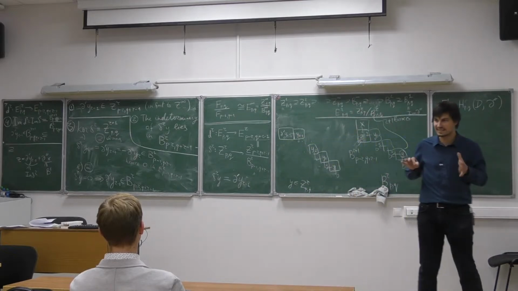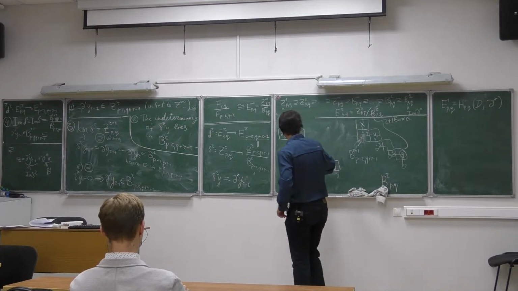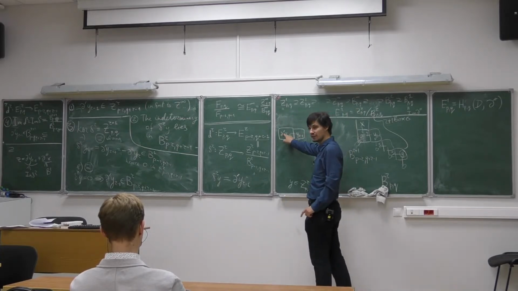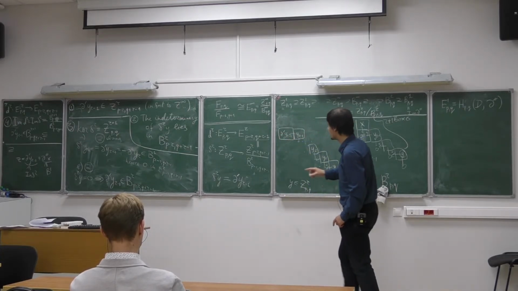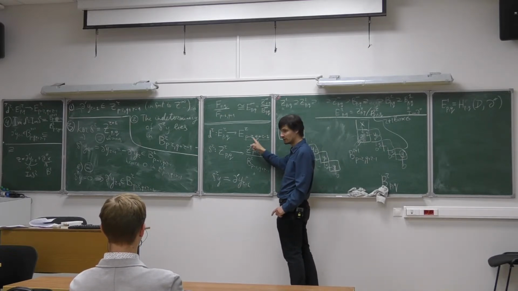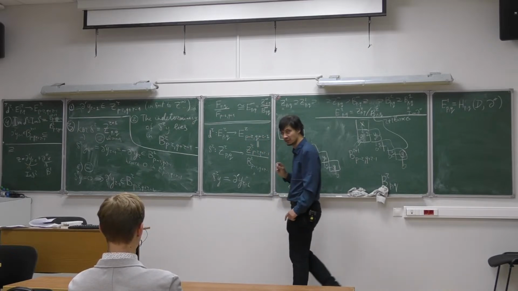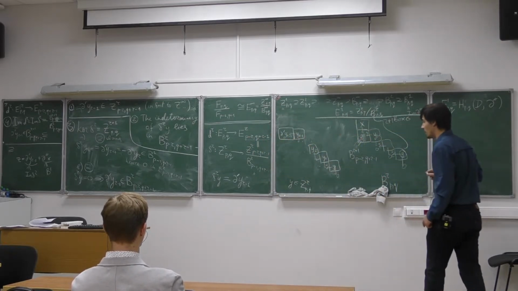So now let us sum up what we understand. We have constructed these differentials. The differential has bidegree minus r, r minus 1. So it decreases the first coordinate by r and increases the second by r minus 1.